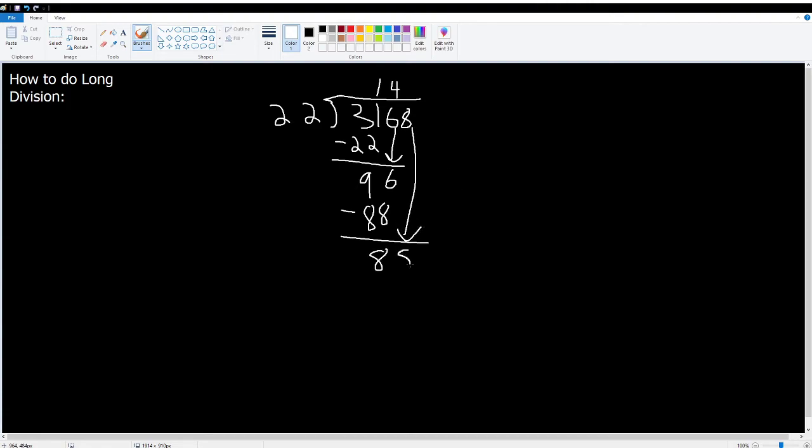Pull down the 8. 22 goes into 88 4 times, so I get 0. Okay, so 22 times 144 is 3,168. Let me just check with my calculator. And yes, 22 times 144 is 3,168.